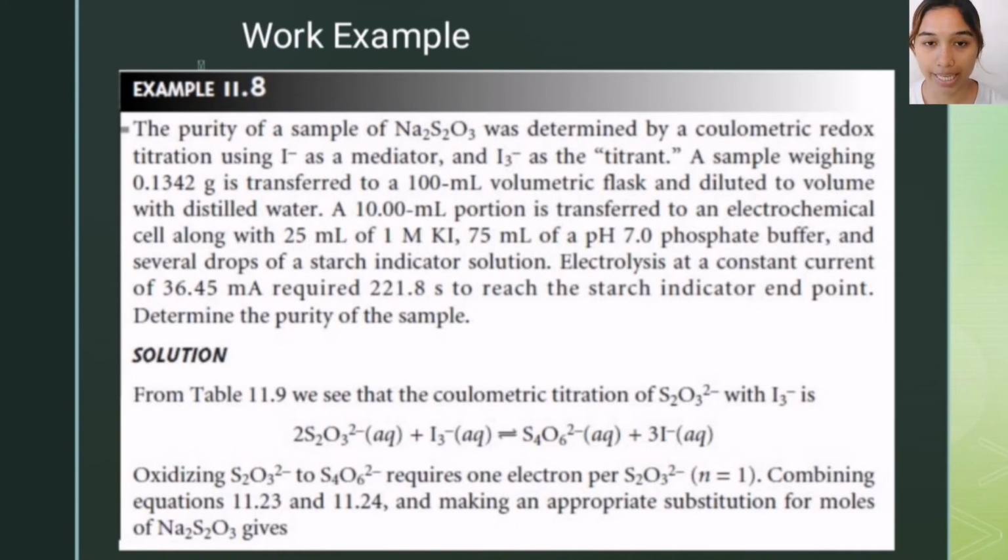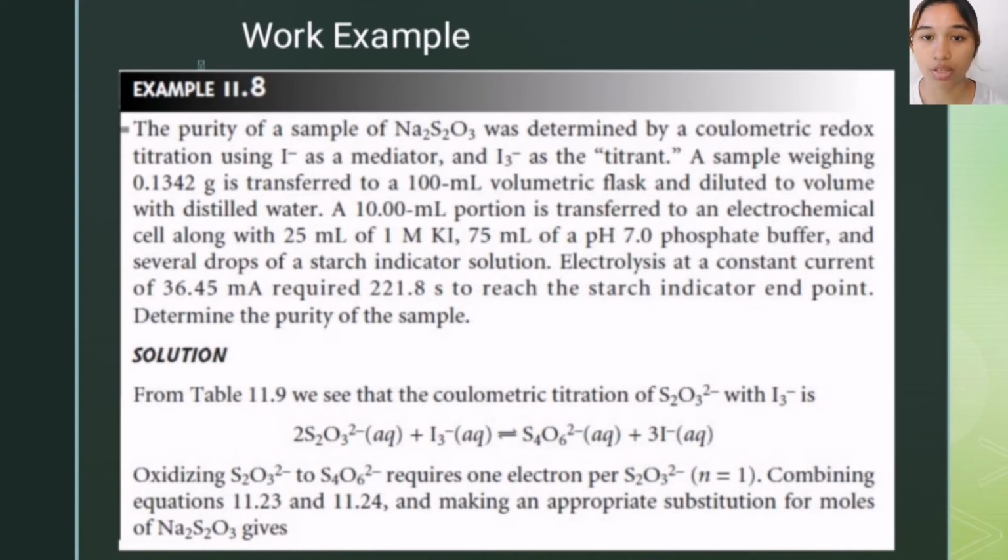Example 11.8. The purity of a sample of sodium thiosulfate was determined by a coulometric redox titration using I⁻ as a mediator and I3⁻ as the titrant. A sample weighing 0.1342 grams is transferred to a 100 mL volumetric flask and diluted to volume with distilled water.